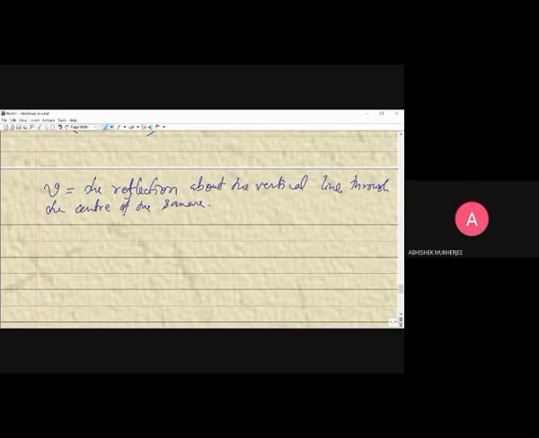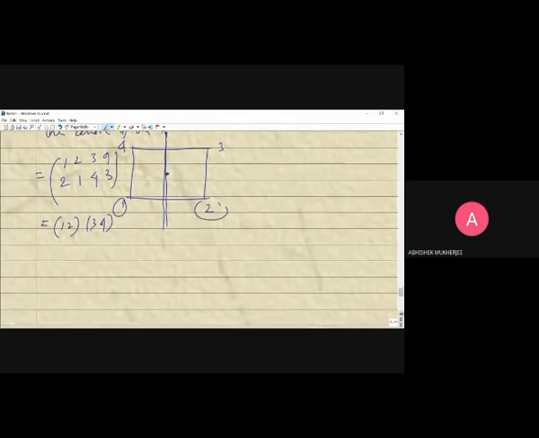That means this is your square and this is your center. You just consider this one. So it is 1, 2, 3, 4. And take a reflection with respect to this vertical line. Then what we will have? So this is your permutation. That is, 1 goes to 2 and 2 goes to 1. 3 goes to 4, 4 goes to 3. That is 1, 2, 3, 4.